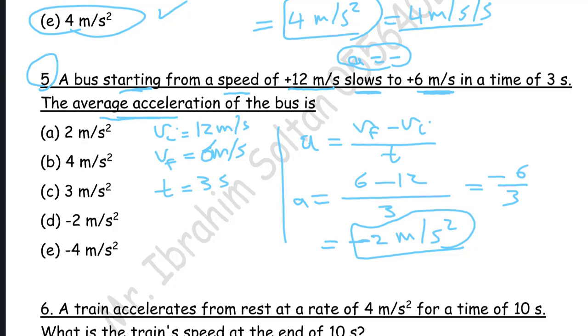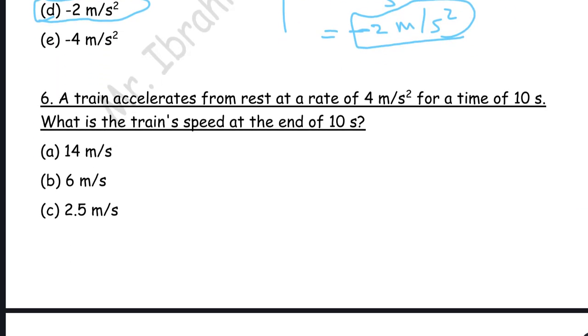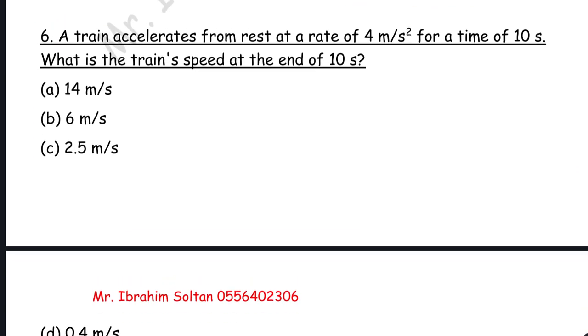After 2 seconds, its speed will be 8. After 3 seconds, its speed is 6. So we got it. I hope you understand what we are speaking about. Negative 2 meters per second squared. Let's move to the next.